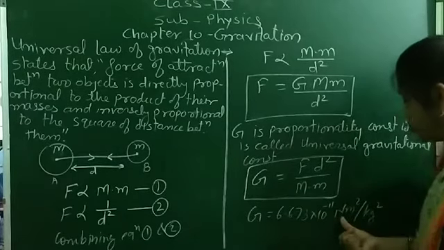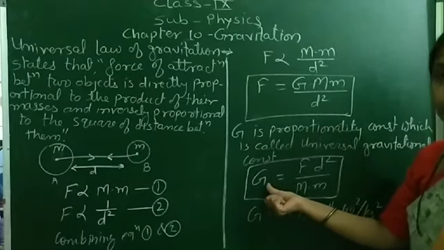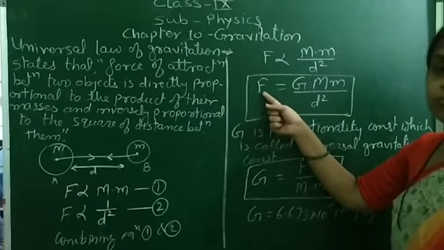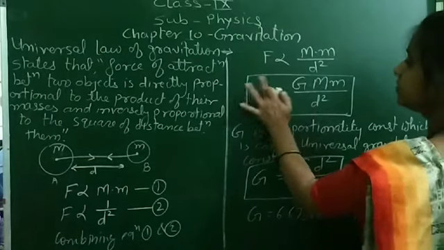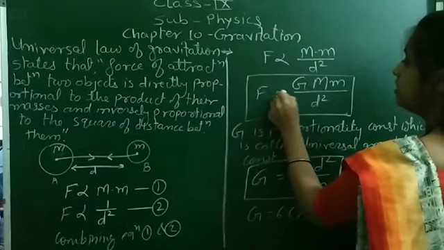Newton meter square per kg square is the SI unit for the gravitational constant. And what is the SI unit for gravitational force? Whatever the force, it is always measured in Newton, and therefore the gravitational force is also measured in Newton.